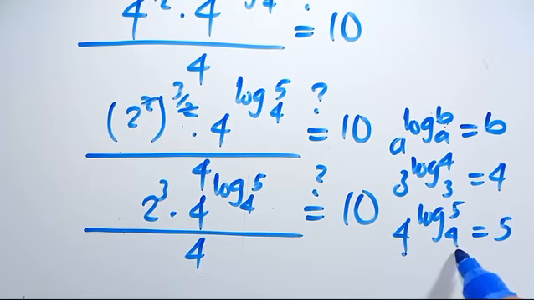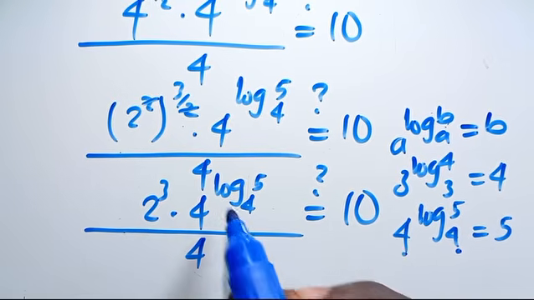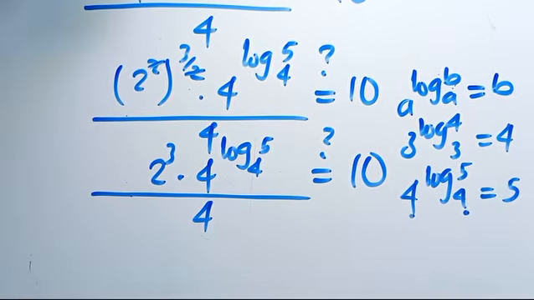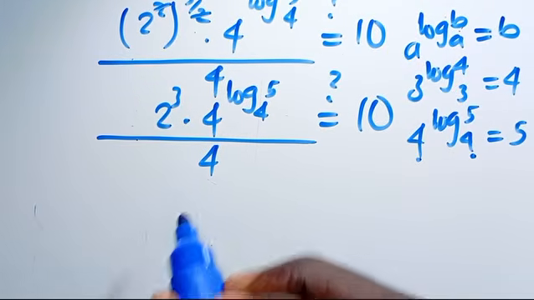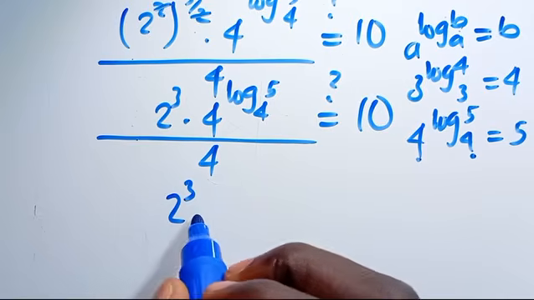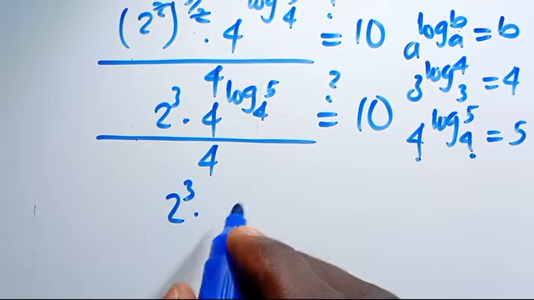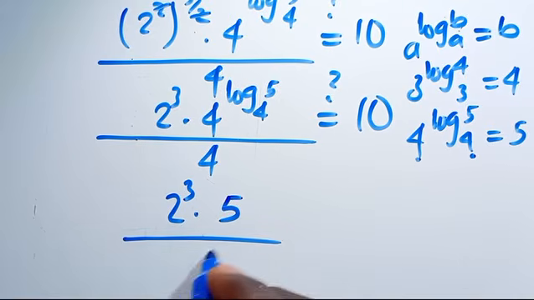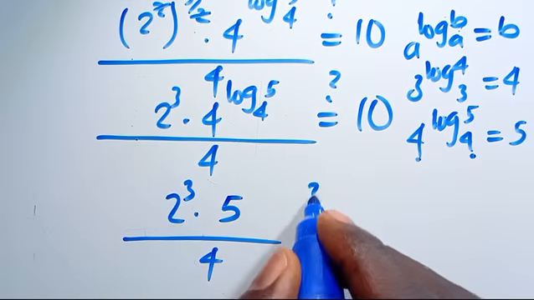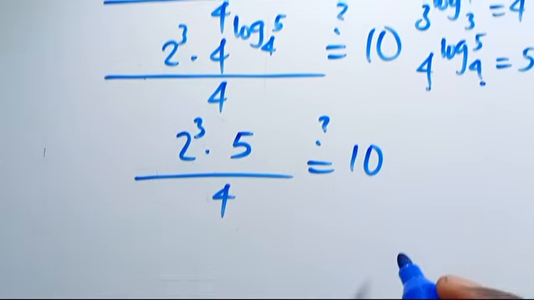So far this and this are the same. Applying it here, we are going to have 2 to the power of 3 times 5 over 4, then it's going to give us 10.